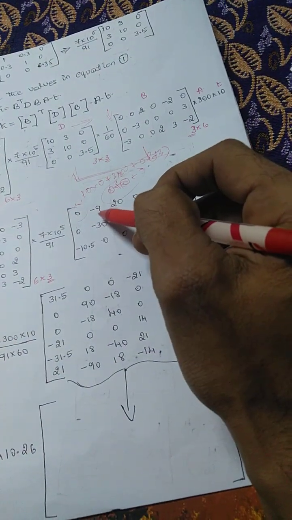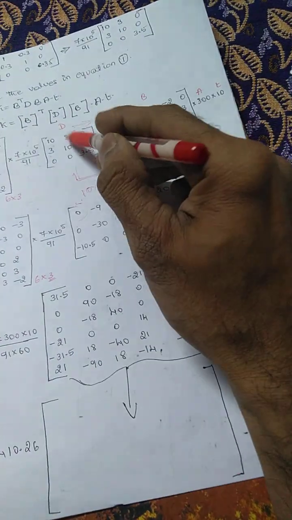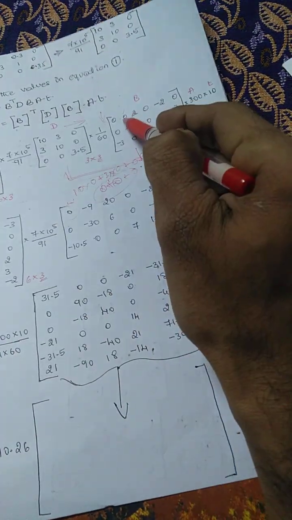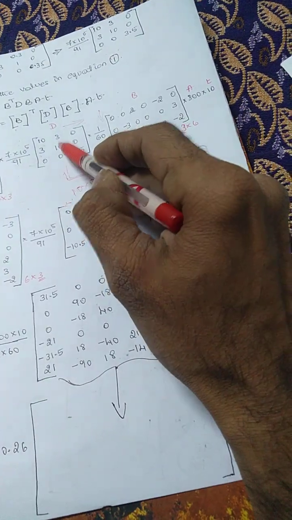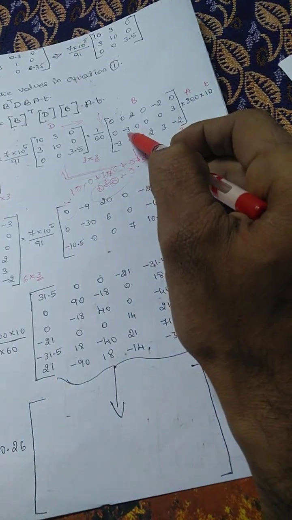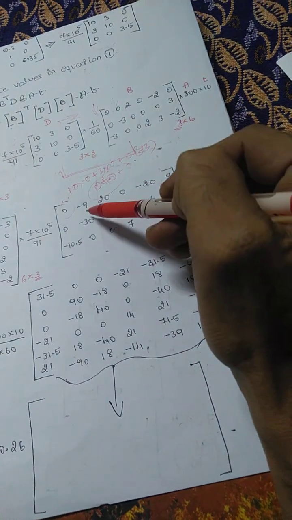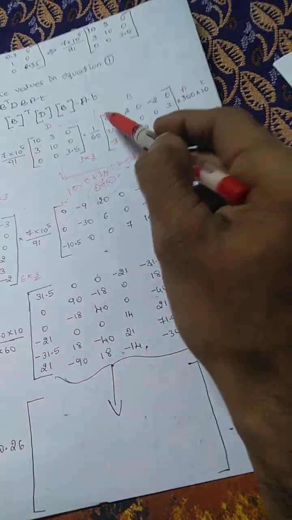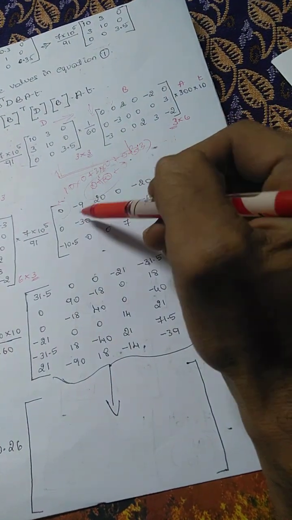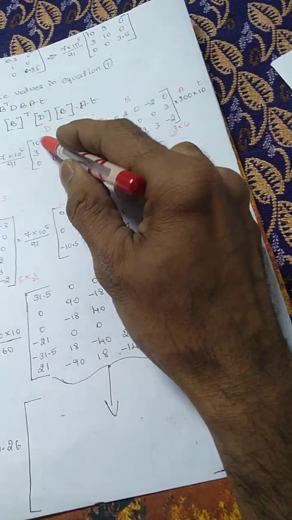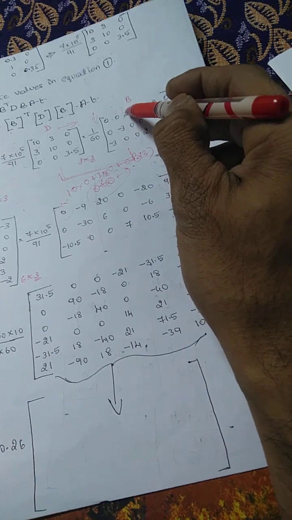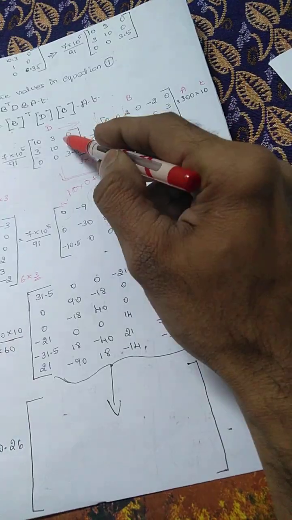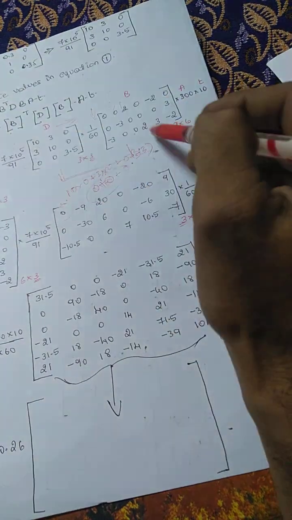And next this one, for this value, 10 into 0 is 0, 3 into minus 3 is minus 9, because 0 into 0 is 0. So 0 minus 9 plus 0 is minus 9. Next this one, 10 into 2 is 20 plus 3 into 0 is 0, 0 into 0 is 0.